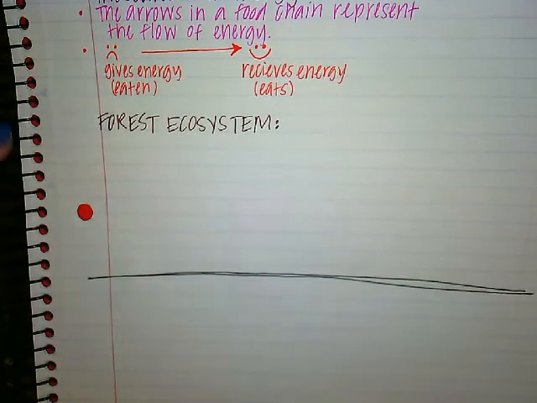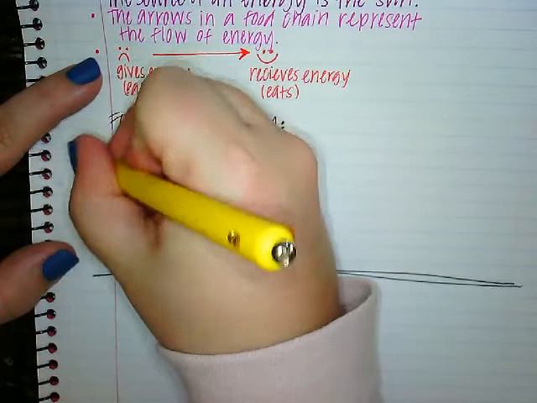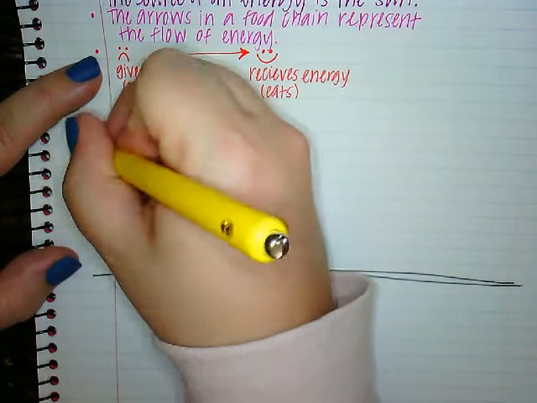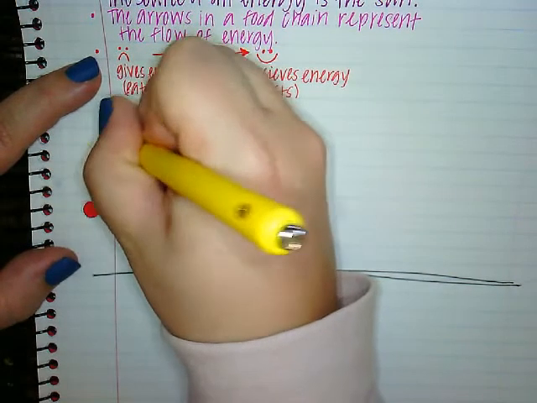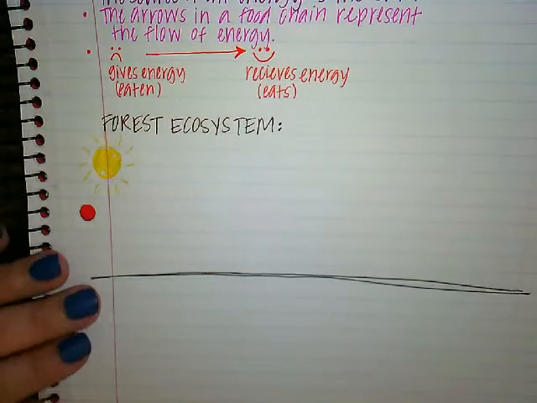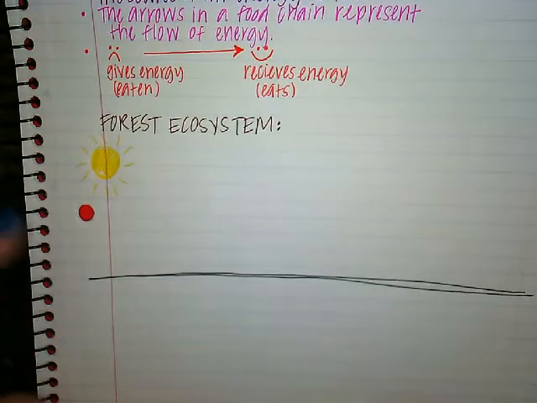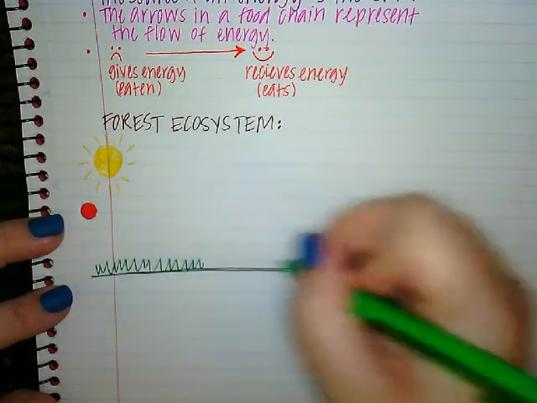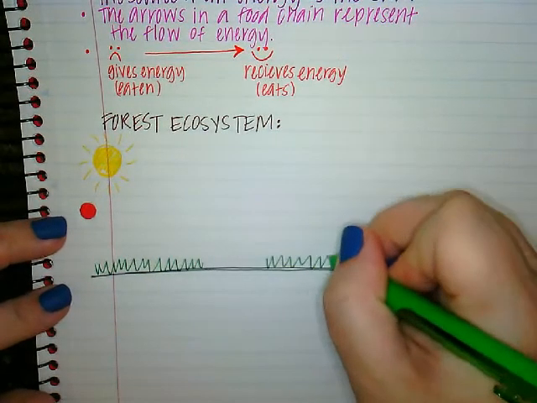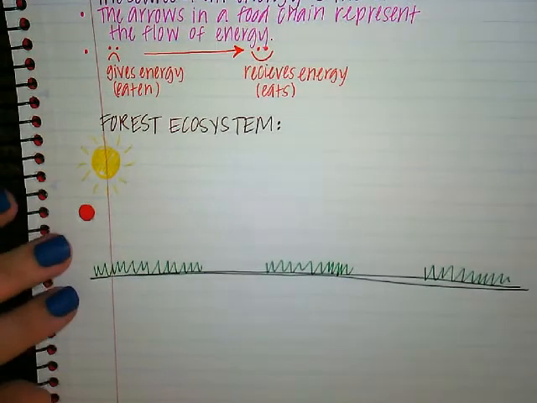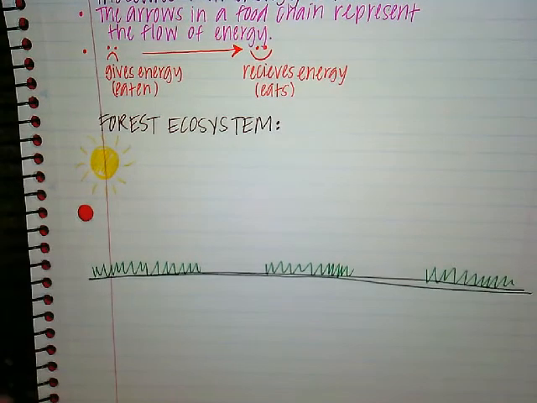All right. So first up, we need our sun. Woo. All right, remember guys, I'm not an artist. And then we are going to add some grass on our forest floor down here. Okay, beautiful grass, right?